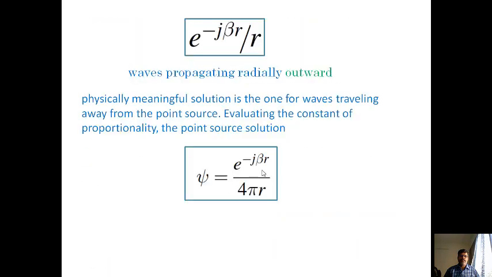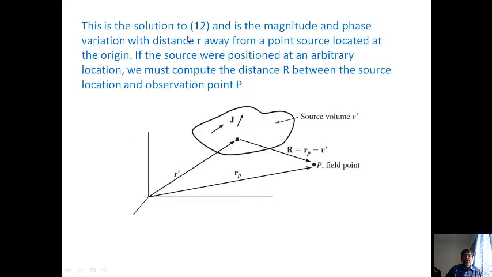And see here, the solution has two parts. One is the phase part, beta r, and the other is the amplitude or magnitude part, which is a function of distance r. Therefore if the source were positioned at an arbitrary location, we must compute the distance r between the source location and the observation point p.